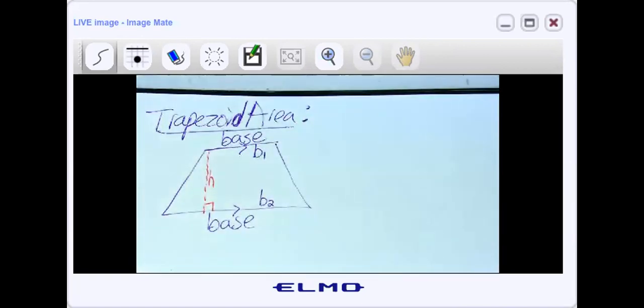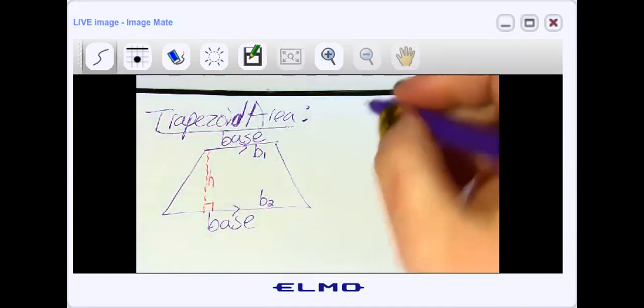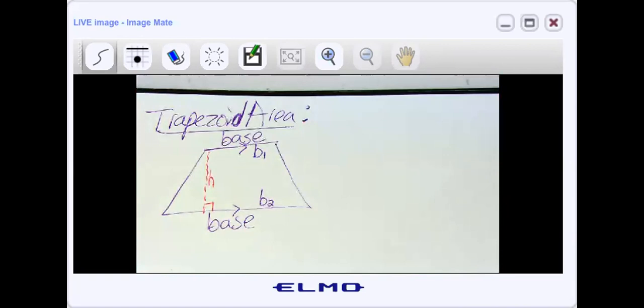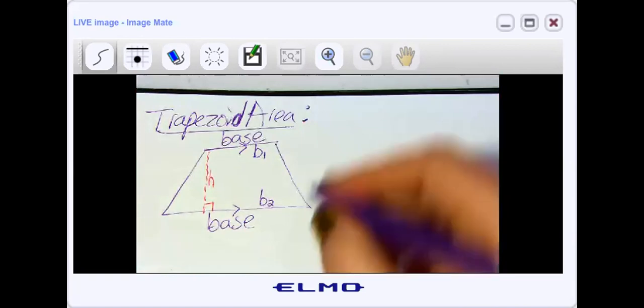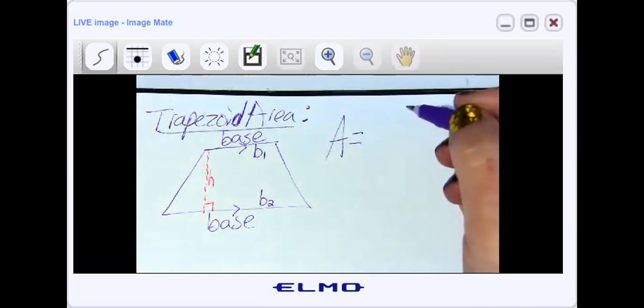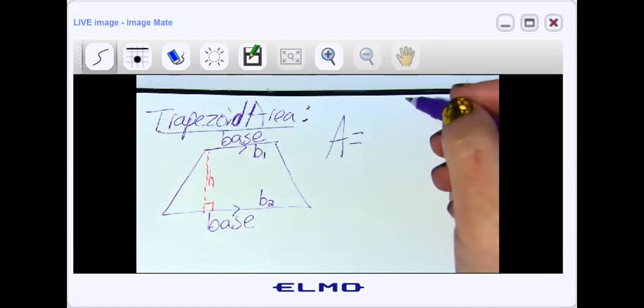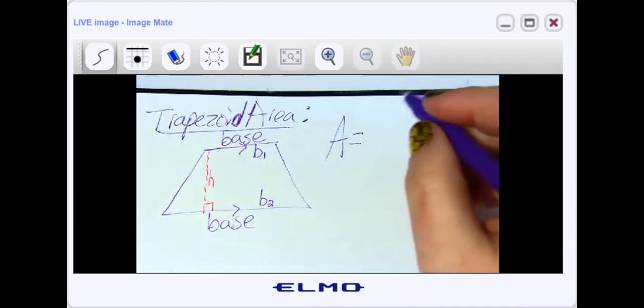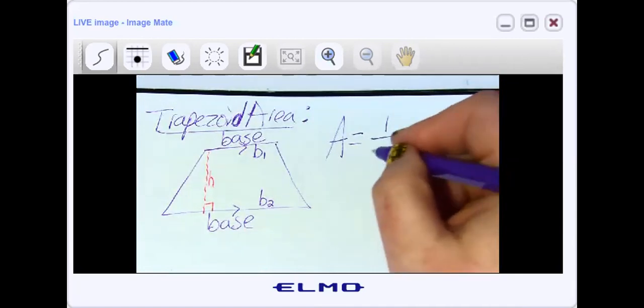All right, so now let's take a look at the formula for area of a trapezoid. And I'm telling you, it's just like area of a triangle, right? Area of a trapezoid. You'll see how closely it resembles area of a triangle. It's still 1/2 base times height.